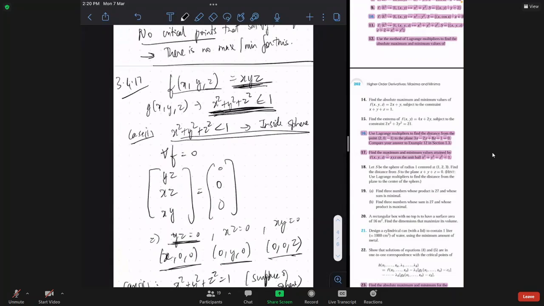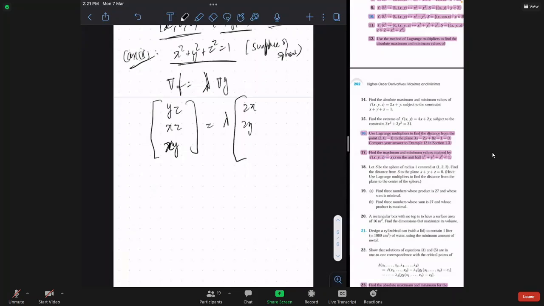So g is this. If you find the gradient, you're going to get 2x, 2y, and 2z. So I get yz equal to 2 lambda x, xz equal to 2 lambda y, and xy equal to 2 lambda z.